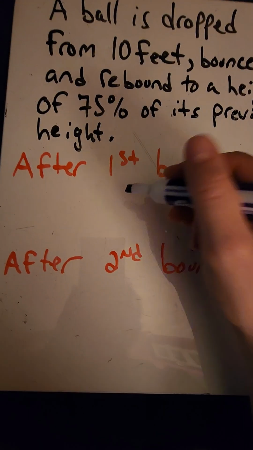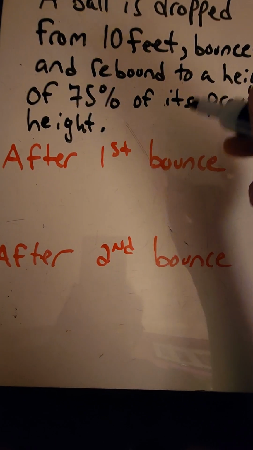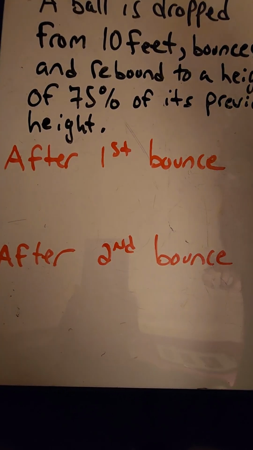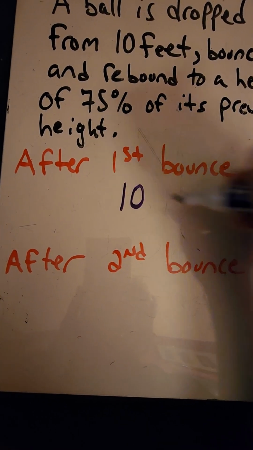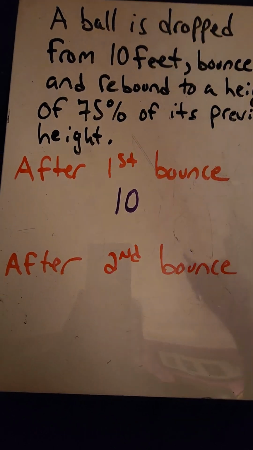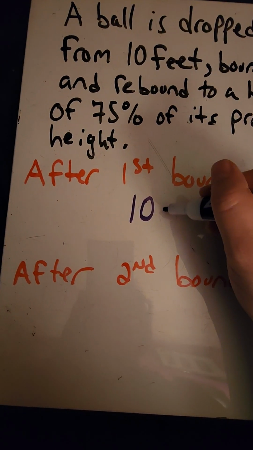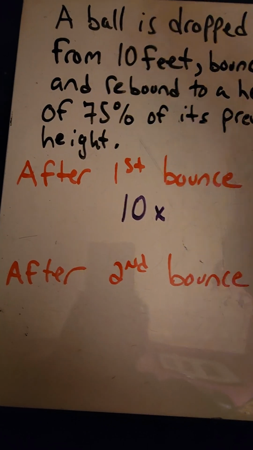After the first bounce, it's going to be 75% of that previous height. So the previous height before the first bounce is 10, because we started at 10, it bounces, and then we find out how high it gets on that first bounce.